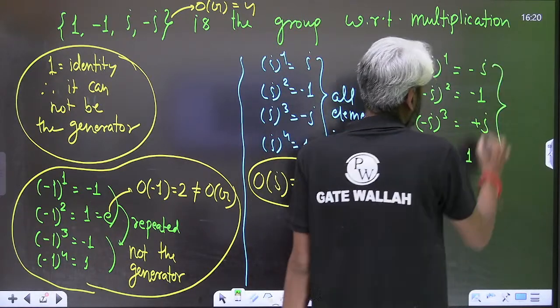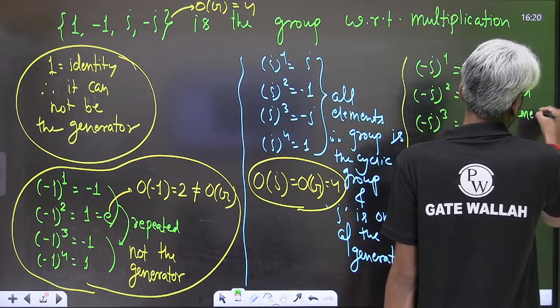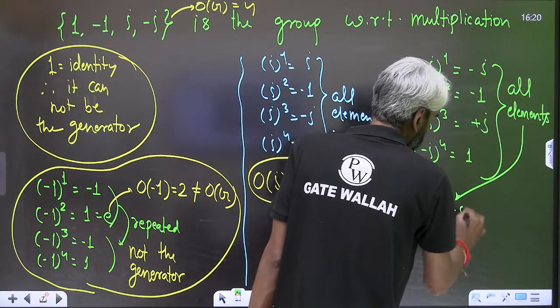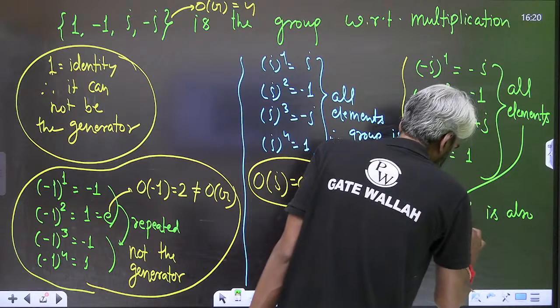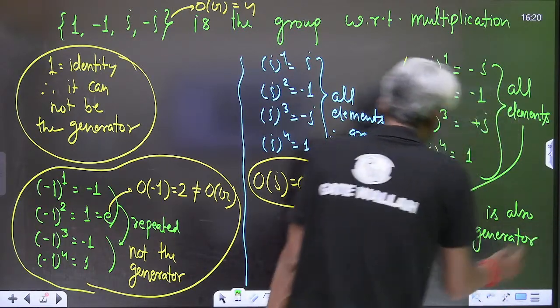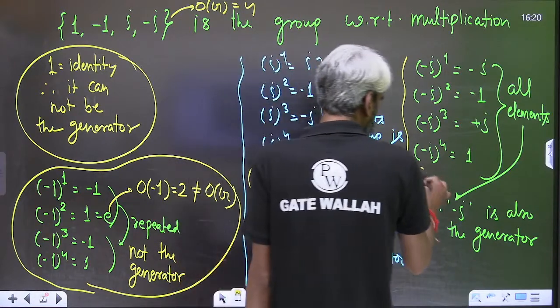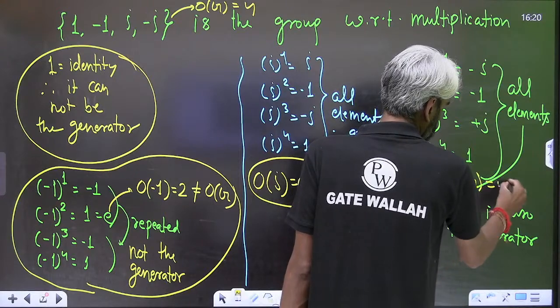So again, all elements. Therefore, minus iota is also a generator. So we know that order of minus iota is also same as order of group, that is 4.